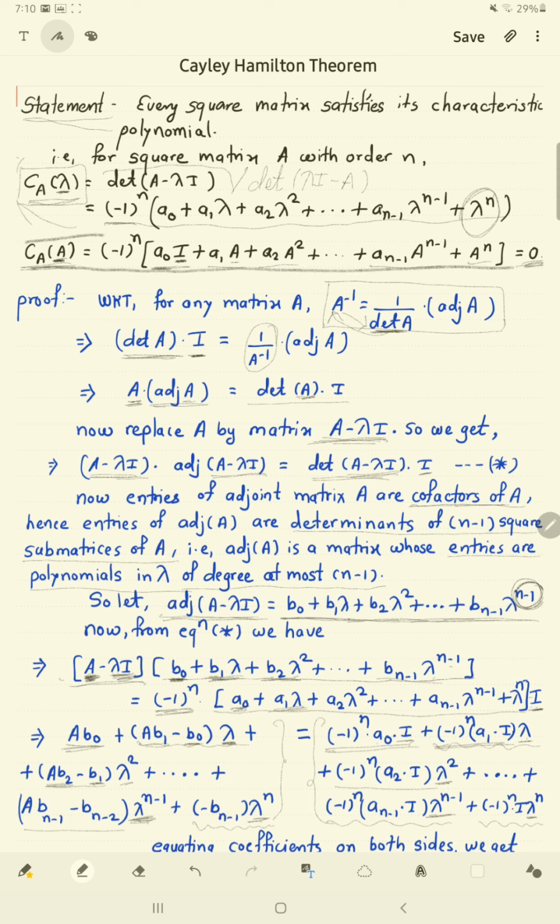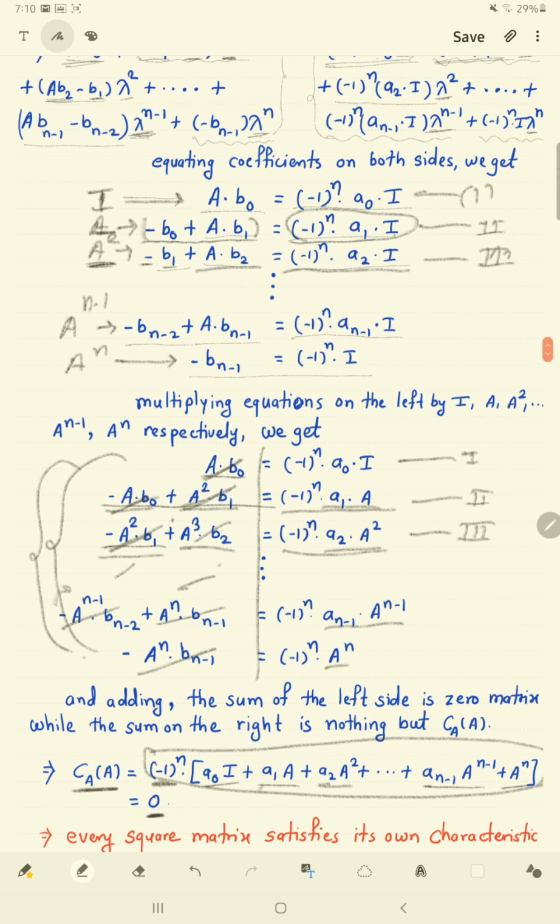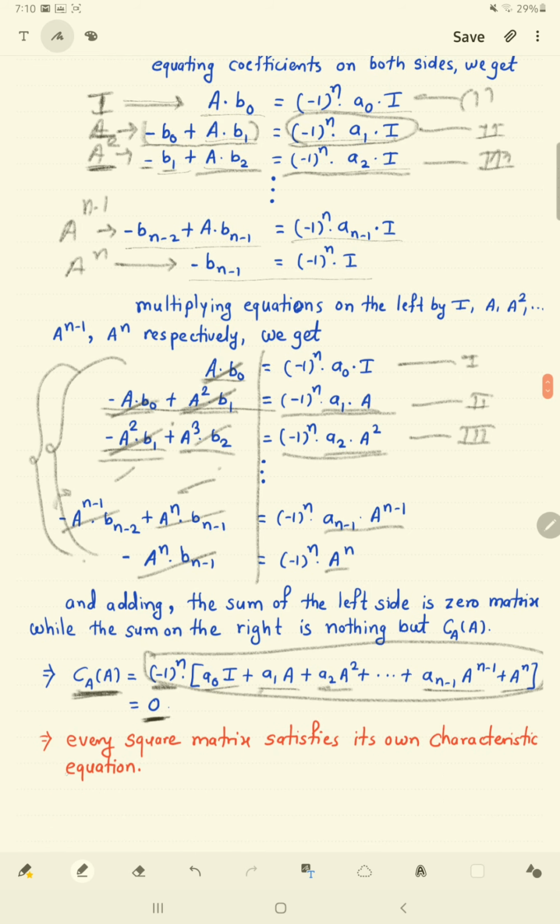I want C_A of A is equal to 0. This is my claim. Now I get here C_A of A is equal to 0. So I can say that every square matrix satisfies its own characteristic equation. So this is the proof of the Cayley-Hamilton theorem.